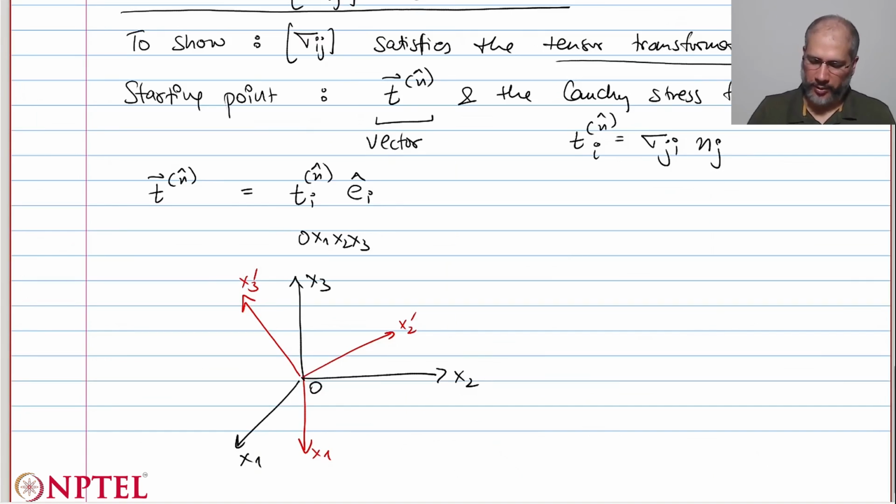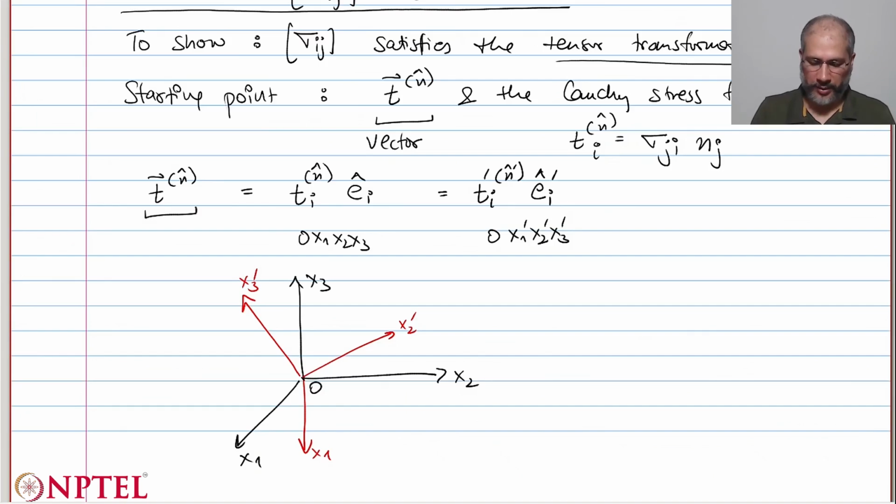So in the rotated coordinate system, the traction vector would be written as T_i prime, because the components will change, and then the superscript vector will also be represented using n hat prime, and the 3 basis vectors will also be written as e_i hat prime. So this is in the O, x1 prime, x2 prime, and x3 prime coordinate system.